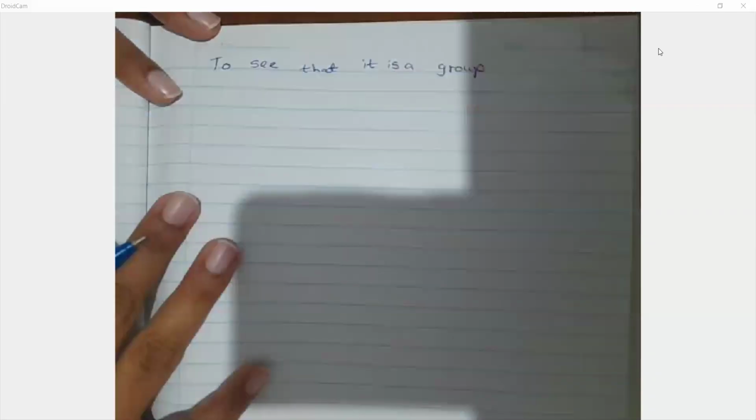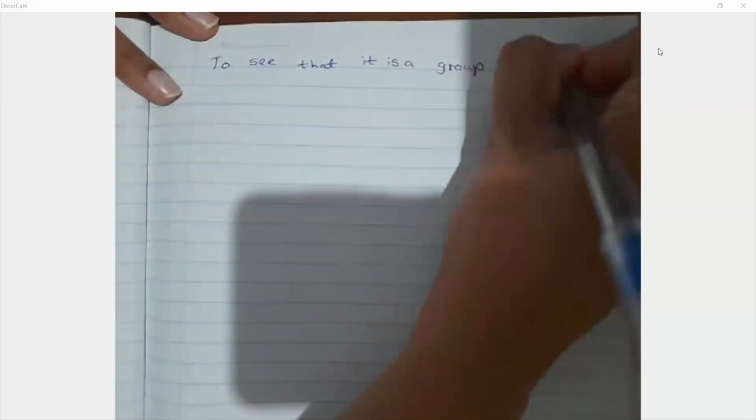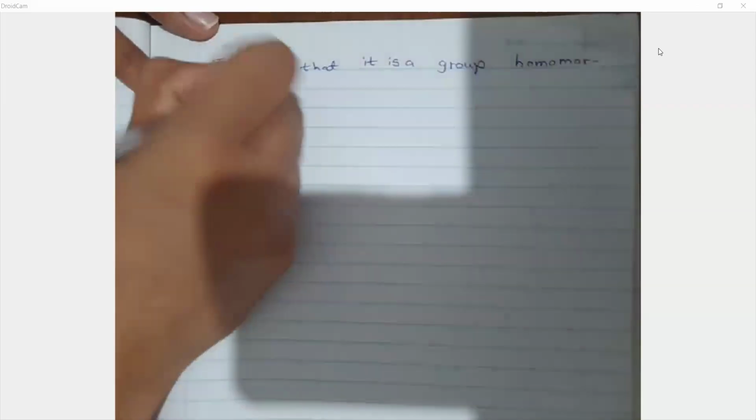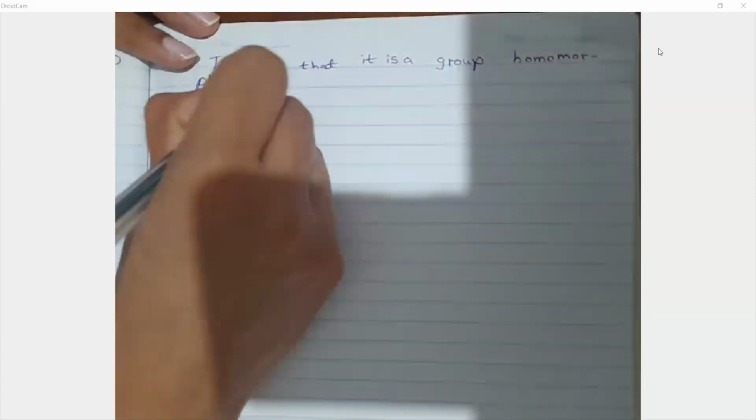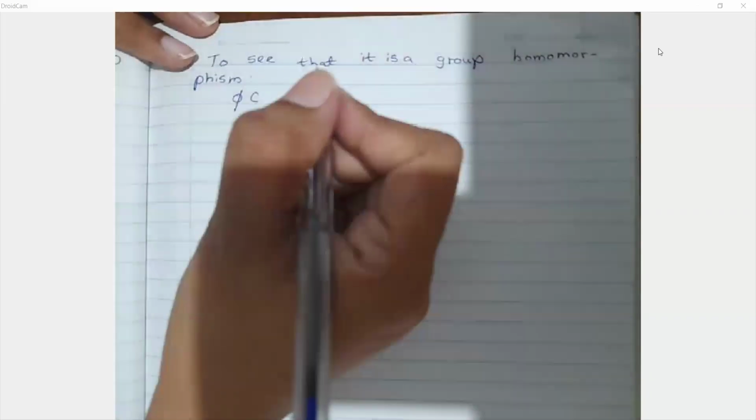Now we prove that it's a group homomorphism. So let me write to see that it is a group homomorphism. Right? Group homomorphism under addition. Phi, now you're taking n and m from the set of integers.